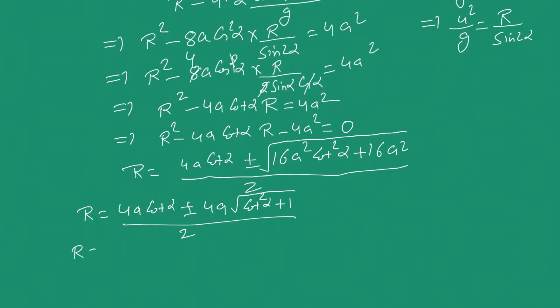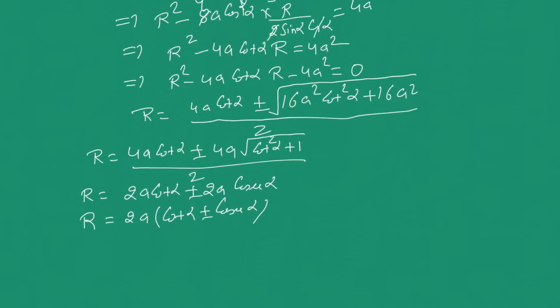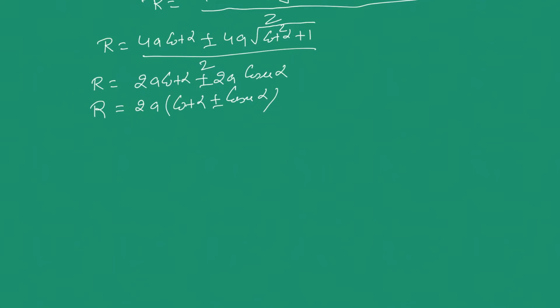So r is equal to 2a cot alpha plus minus 2a cosecant alpha. This implies 2a times cot alpha plus minus cosecant alpha. So r can be plus or minus, so we will see both the terms, for plus as well as minus.